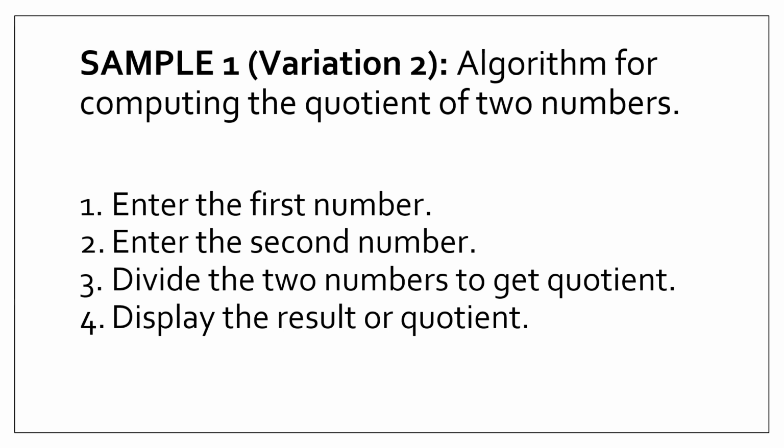Instead, we first ask for the first number, then we ask for the second number, then we divide the two numbers to get the quotient. And number four, we display the result or quotient. So this is rather straightforward compared to the previous example. Again, regardless of the variation, for as long as the logic is the same and correct, then there is no problem.